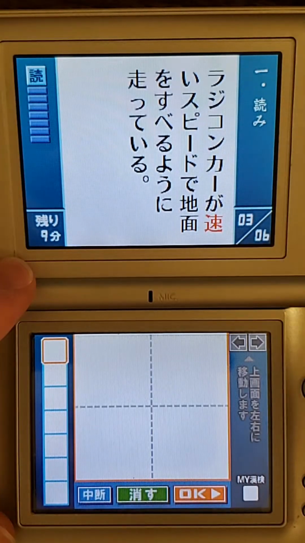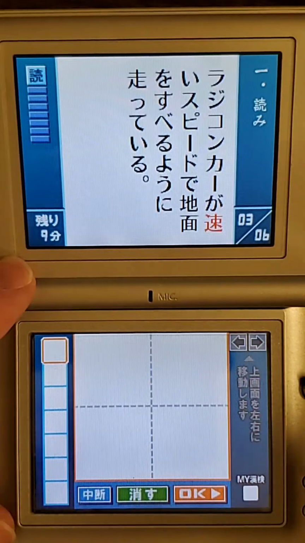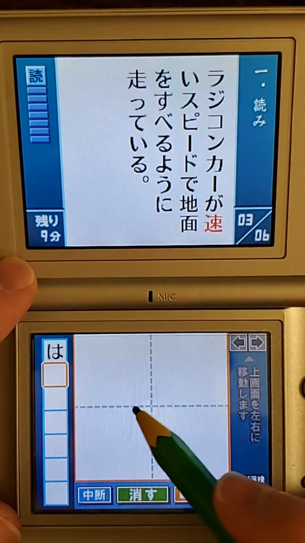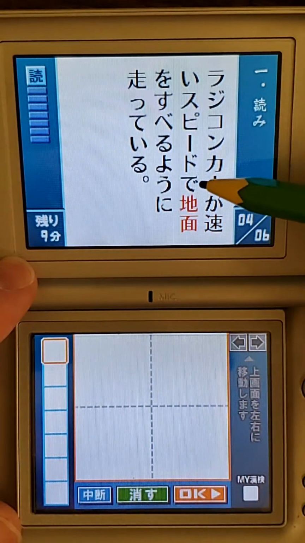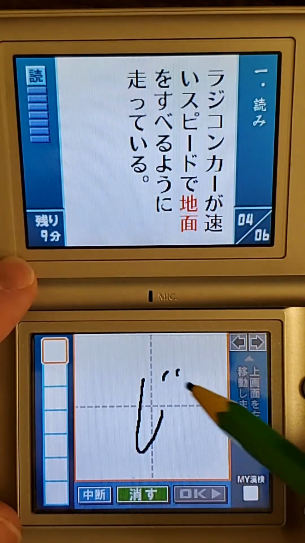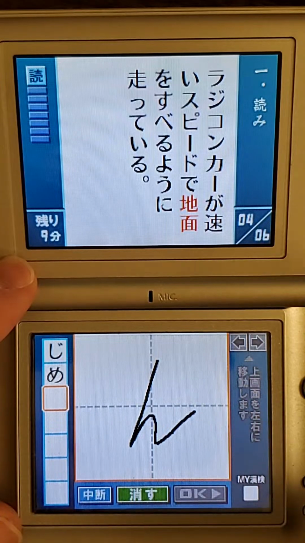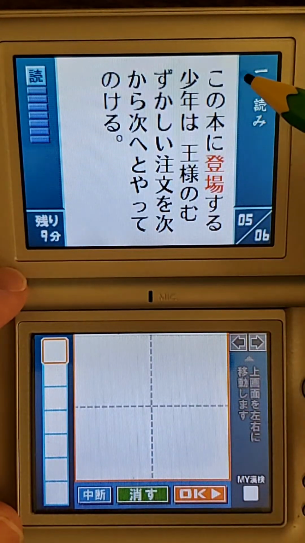So it seems like it's sliding on the surface, I guess. Hayai. So this is hayai, fast. That reading is haya and then e, hayai. This is jimen. So like on the ground or on the floor. All right, next sentence.